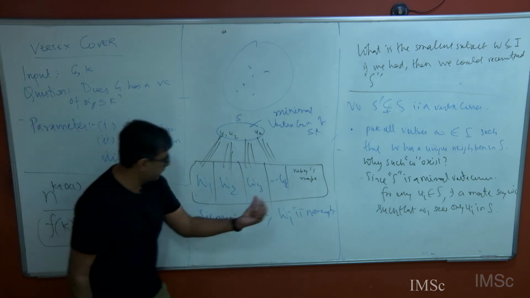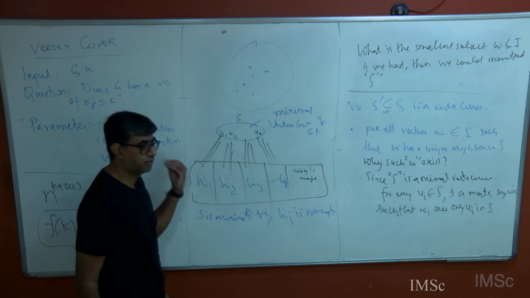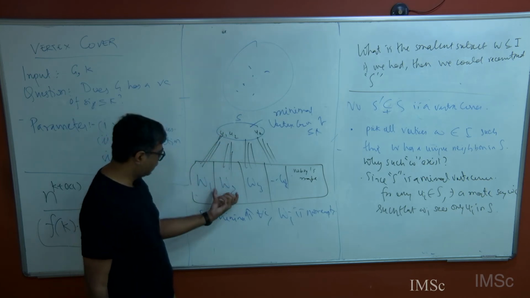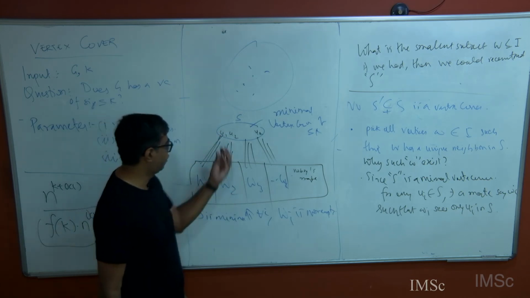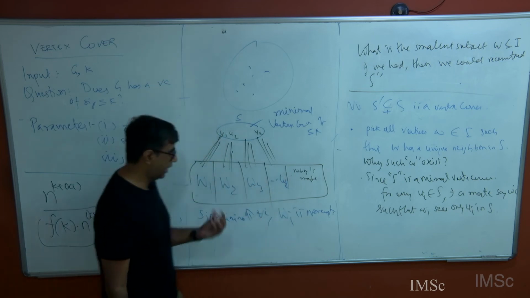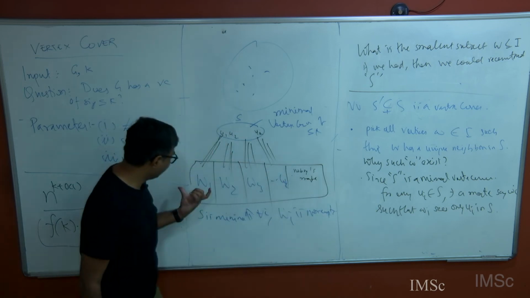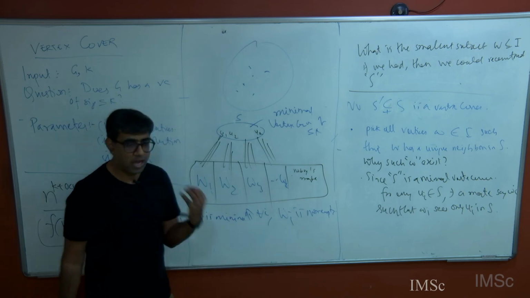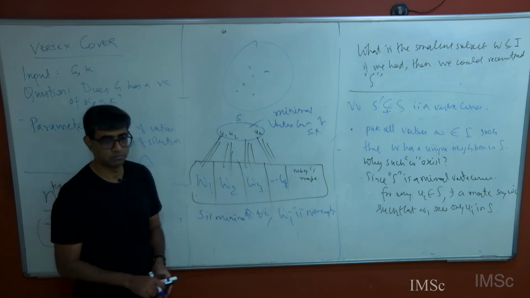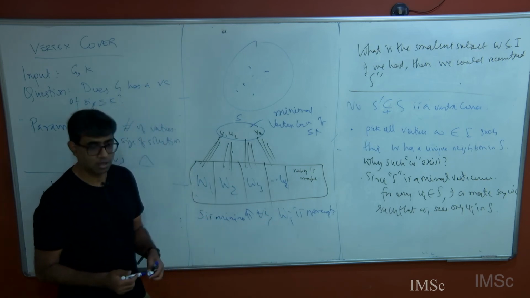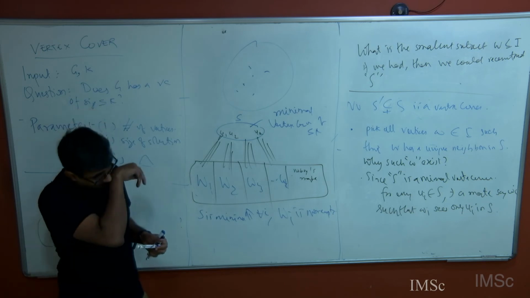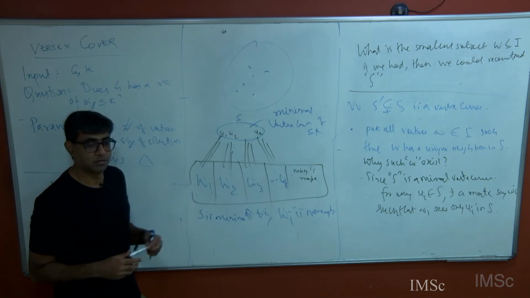Because whatever C says, look at W1, all the vertices which are mate to U1. What is W2? All the vertices that are mate to U2, so on and so forth. And because of this argument, I know each of Wi's are non-empty. Okay. Now, Ananya, what do you want to say? How can I construct W from here?